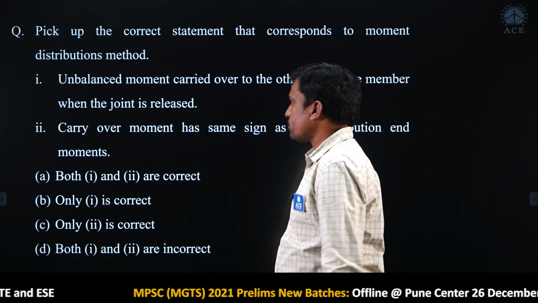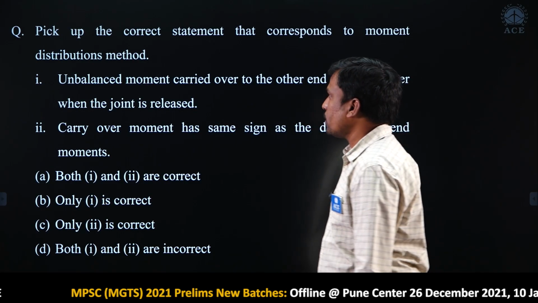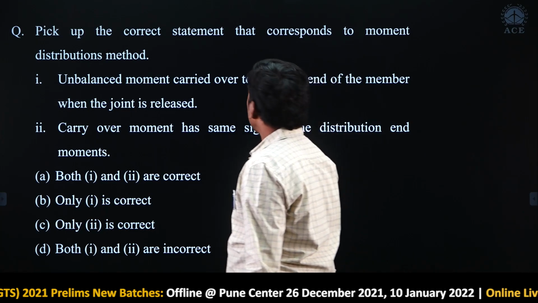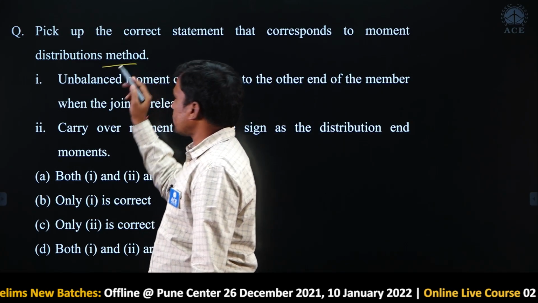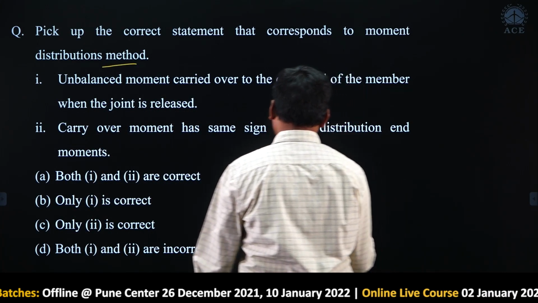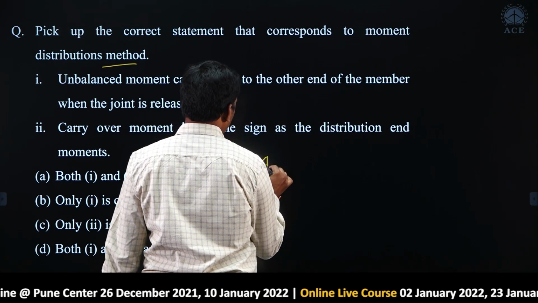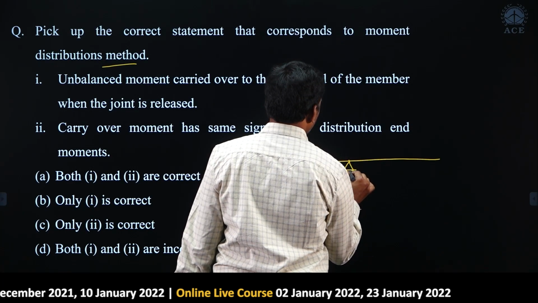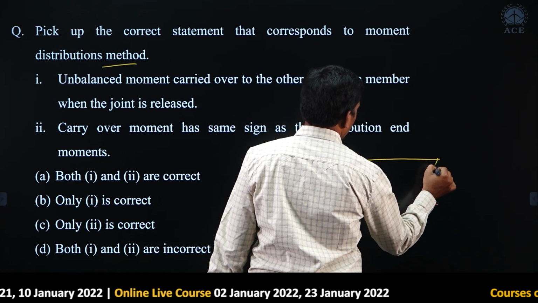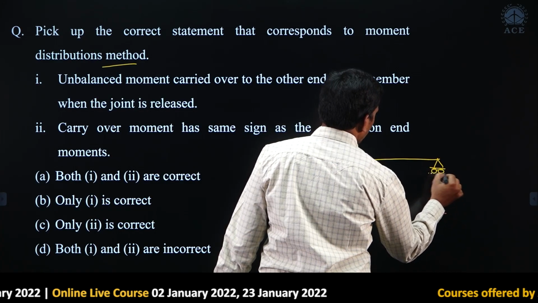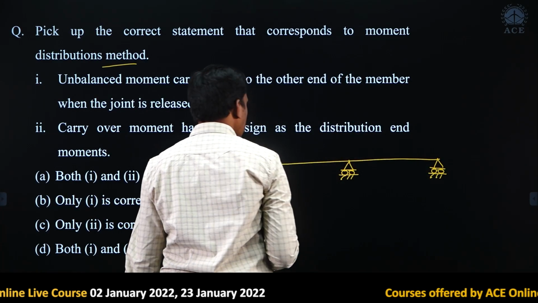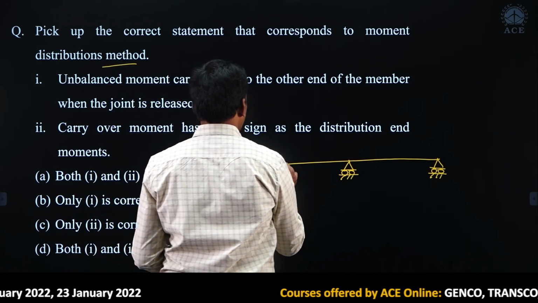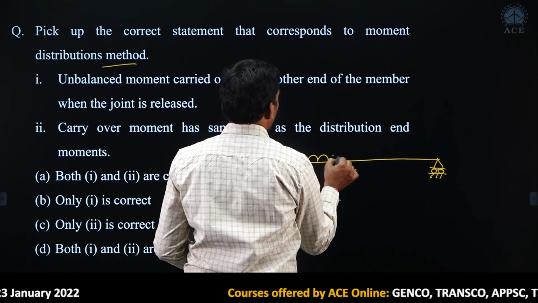Right. Next question, this is a direct question only. Pick up the correct statement that corresponds to the moment distribution method. Students, if you remember, this is the first question I gave in the moment distribution method chapter, the analysis of indeterminate beams without support settlement.